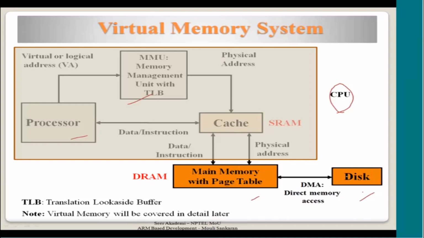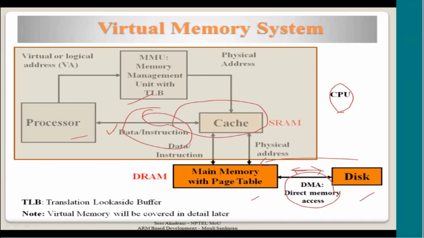DMA is direct memory access. This performs a transfer of data from the disk to the main memory without involving the processor. So this is a typical system, and cache will be accessed by the processor directly, both for data and instruction. That is very important.